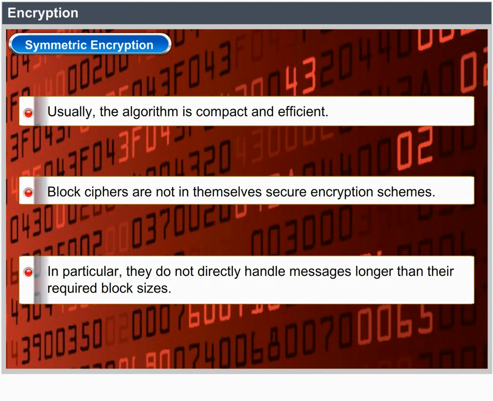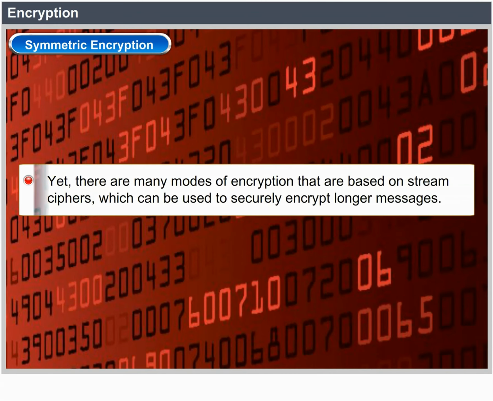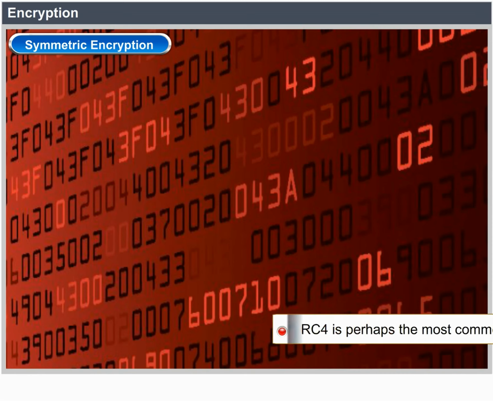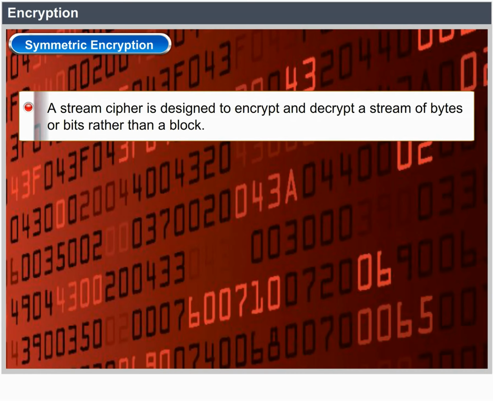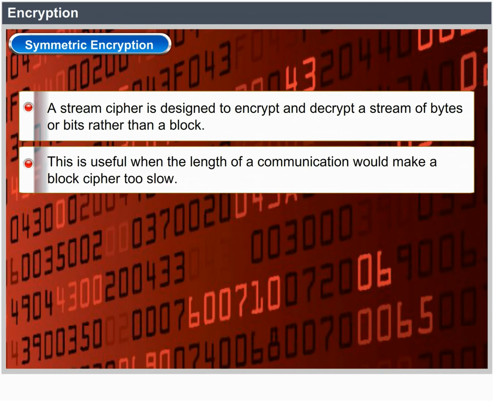However, there are many modes of encryption that are based on stream ciphers which can be used to securely encrypt longer messages. RC4 is perhaps the most common stream cipher. A stream cipher is designed to encrypt and decrypt a stream of bytes or bits rather than a block. This is useful when the length of a communication would make a block cipher too slow.